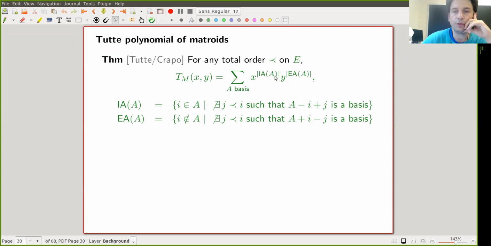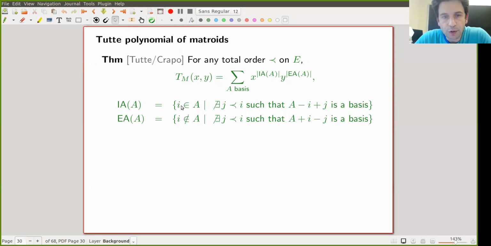You have two sets here: the internally active elements for a given basis and the externally active elements for this basis. So let me take a basis of my matroid, and I want to tell you which elements are active or not.